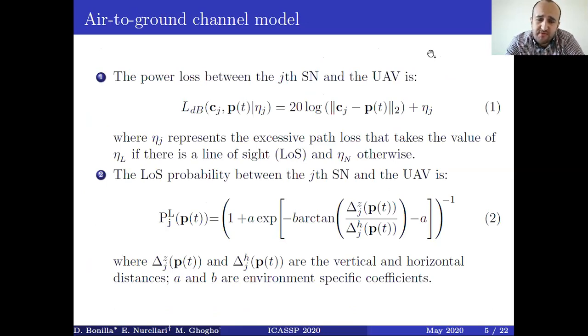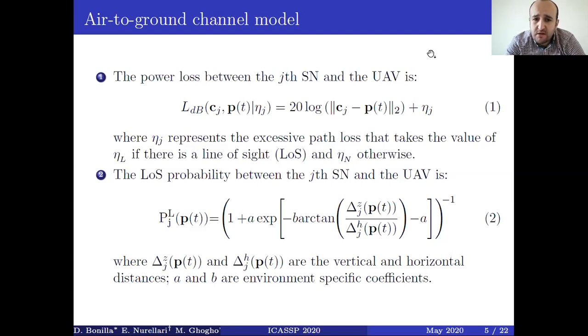But what is important in that equation is that eta j is a binary random variable, and that binary random variable models the path loss. It takes two values: eta L if there is a line of sight between the UAV and a particular j-th sensor node, and eta N otherwise.